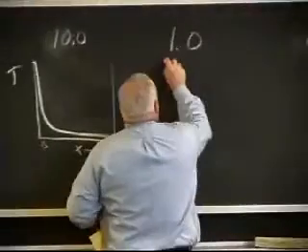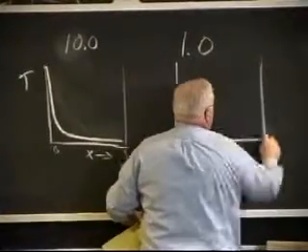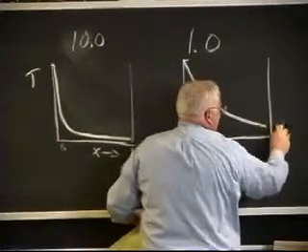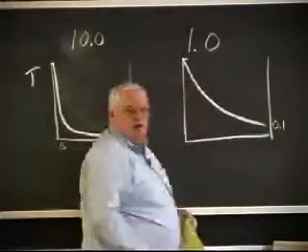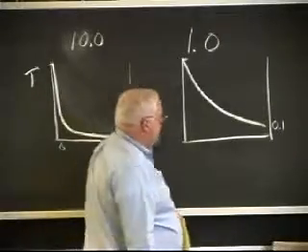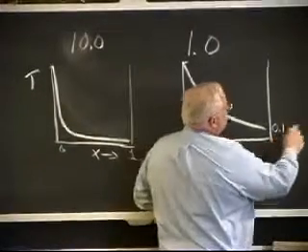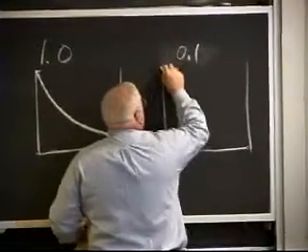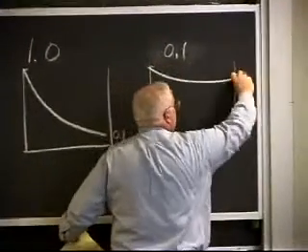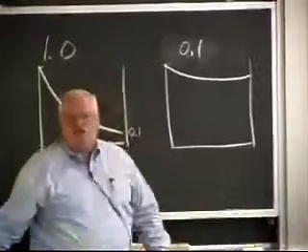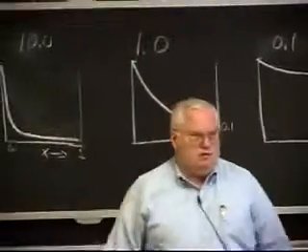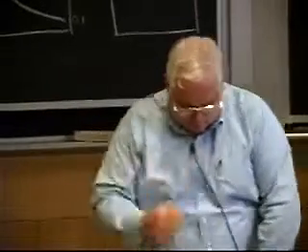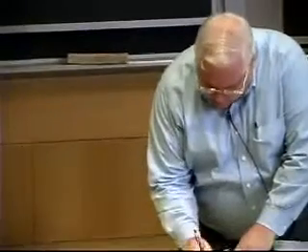If it's 1.0, I'm going to have an error function solution that looks like this, and it will decrease to about 1/10 when the Fourier number is 1, which is this distance. And if I come over here, essentially the solid will be saturated with heat at that point. Okay? Just correct the notes.